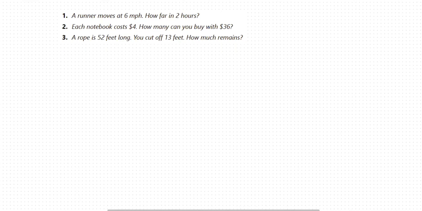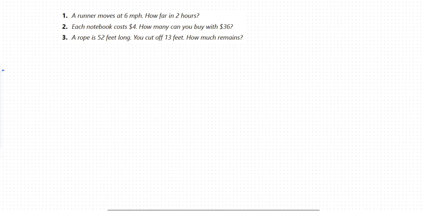Now what I have for you is a set of 3 problems for you to work through on your own, and then I'll quickly work through them with you. All right, question number 1. We're going to make this quick. A runner moves at 6 miles per hour. How far in 2 hours?